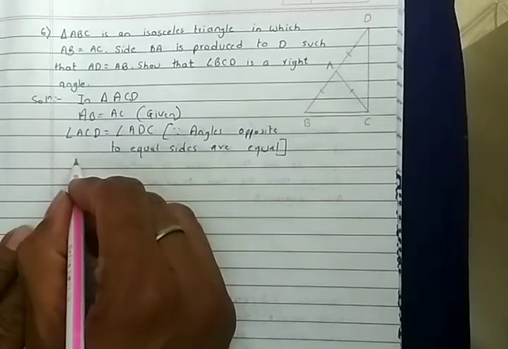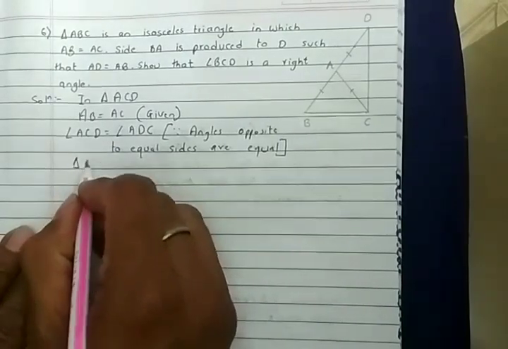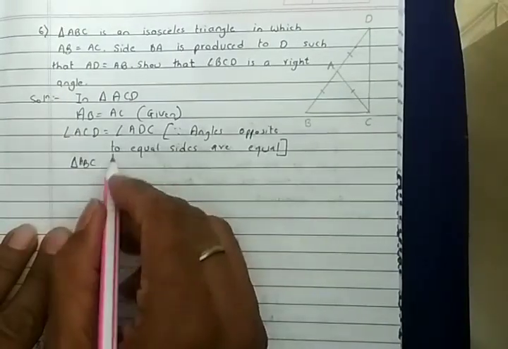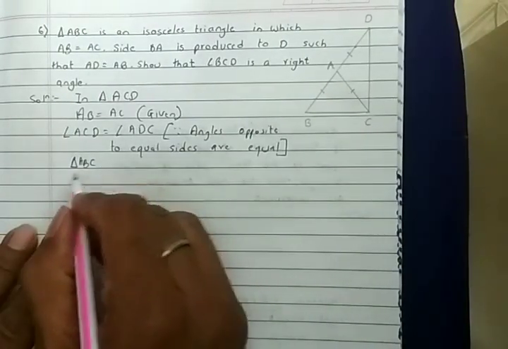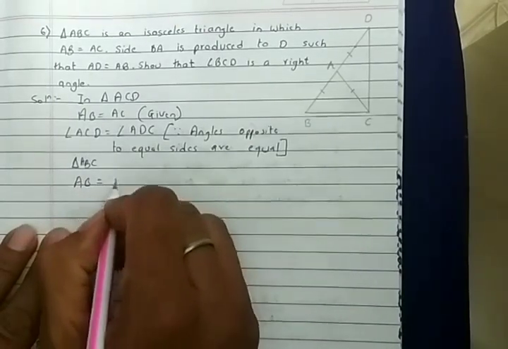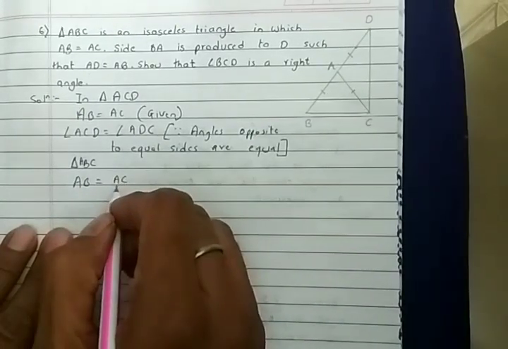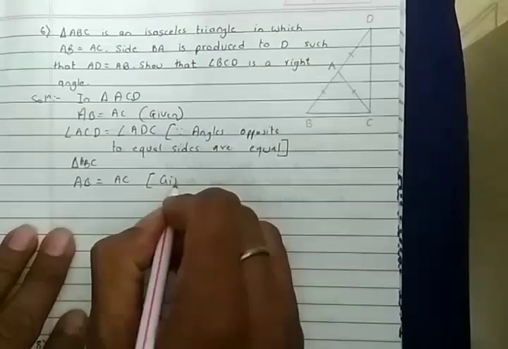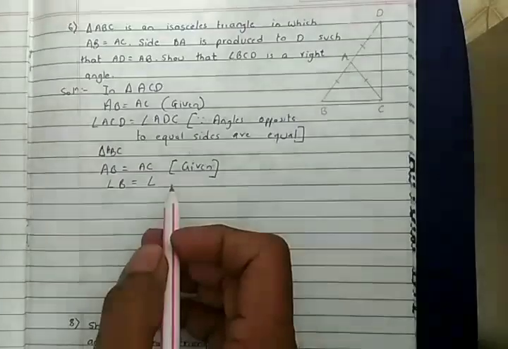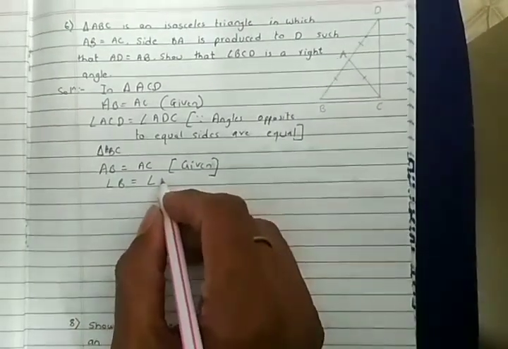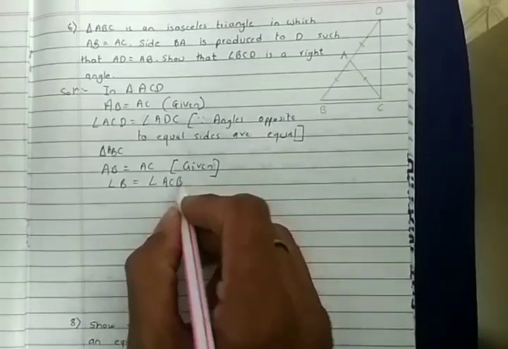Now if you consider triangle ABC, AB will be equal to AC, right? This is also given. Angle B equal to angle ACB.